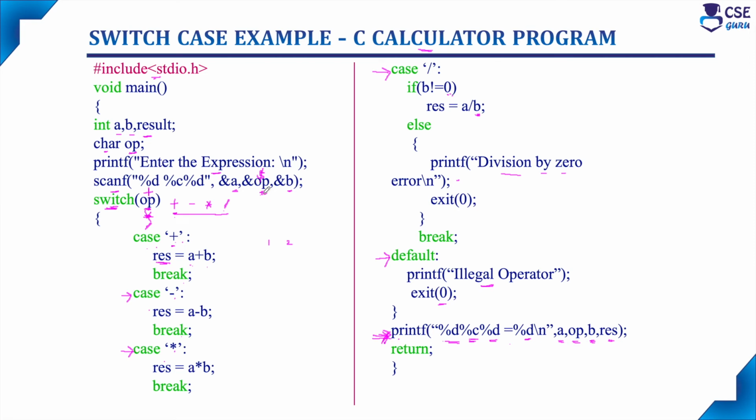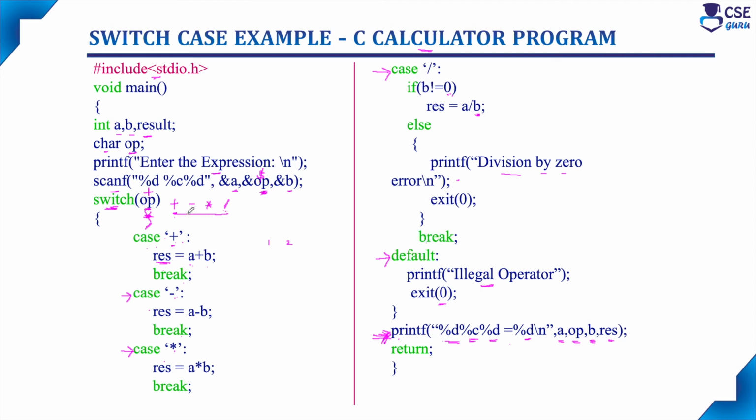So if the entered operator is addition, it will execute only this case statement. If the entered operation is subtraction, it will execute only this case statement. Other case statements it will skip. If the entered operation is multiplication, it will execute only this case statement. If the entered operation is division, it will execute only this case statement.